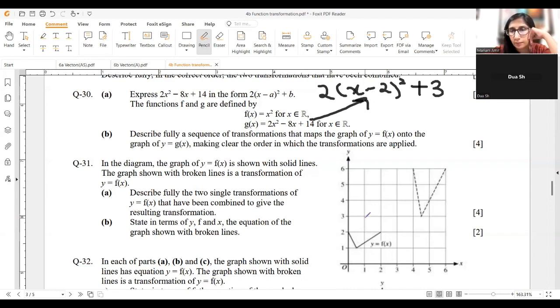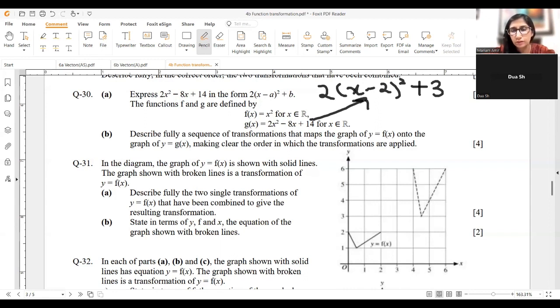I think that's correct, but let me check. Why does it say it's just a translation by 2, 3? The answer is it's a translation by 2, 3.